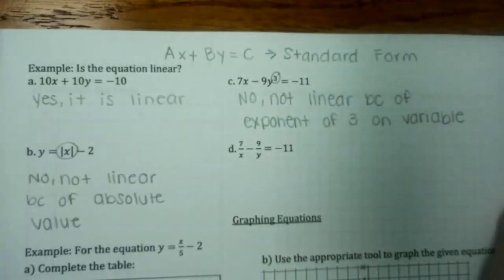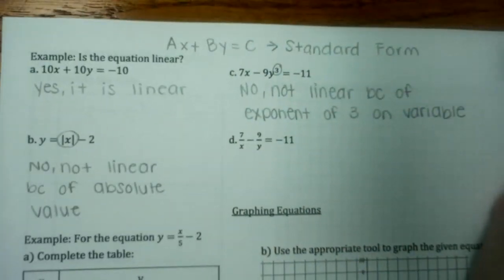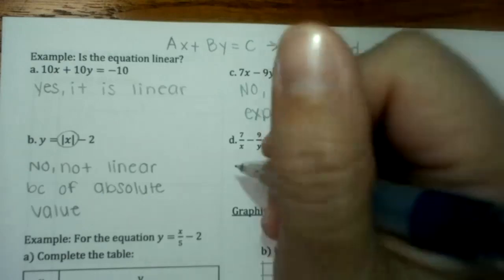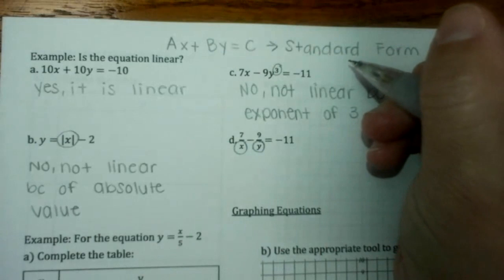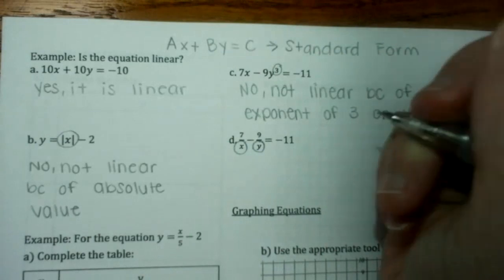All right, so last but not least, D is 7 over x minus 9 over y equals negative 11. Here, my variables are in the denominator. That's not how it is in standard form. I can't do anything to get rid of that.